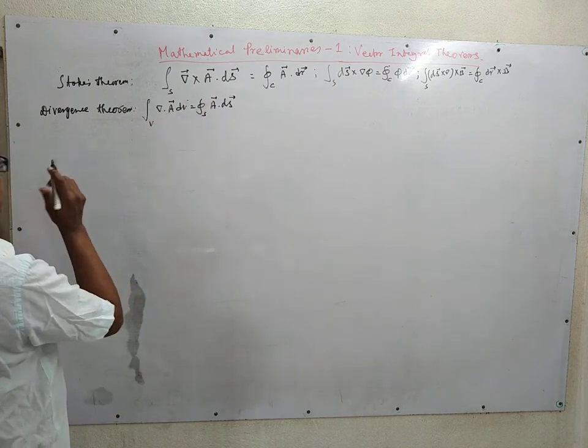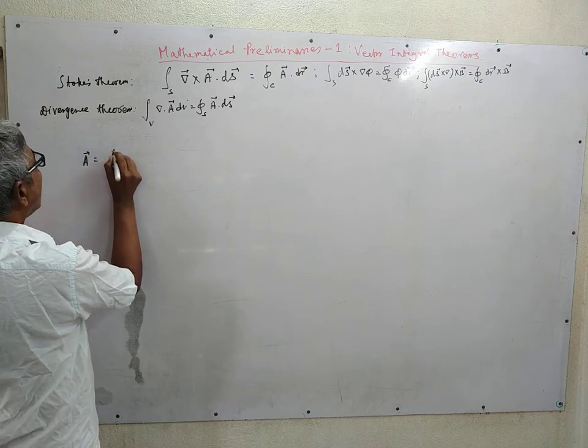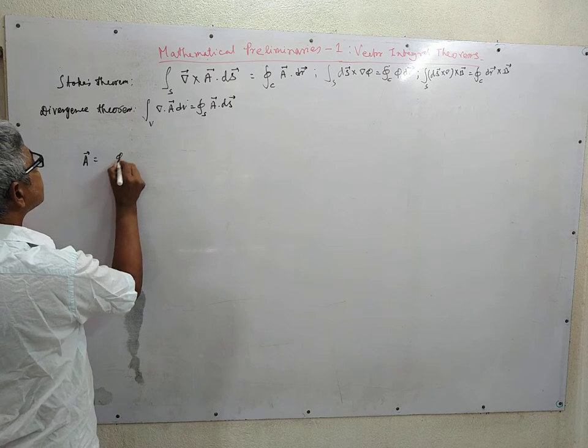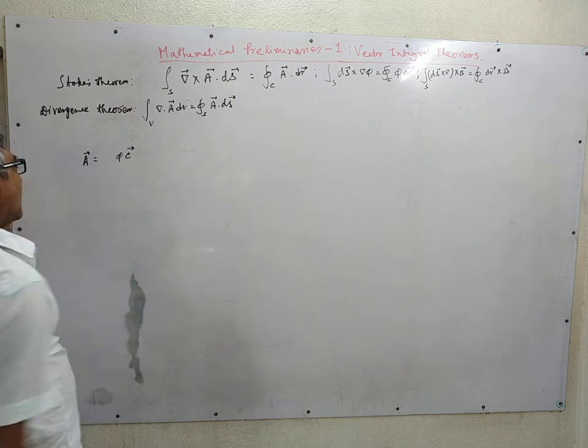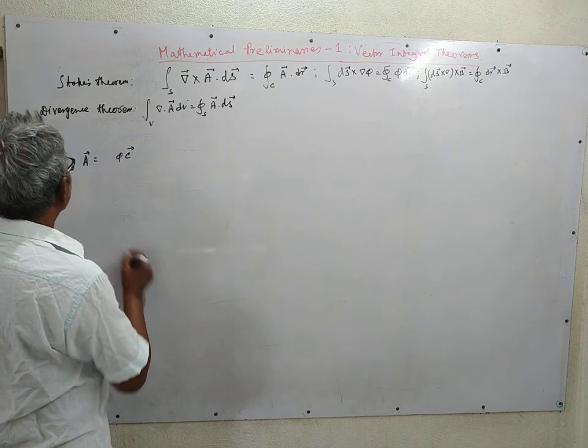First thing is that we write A as phi times C as we did in the earlier case, and consider C to be an arbitrary constant vector.